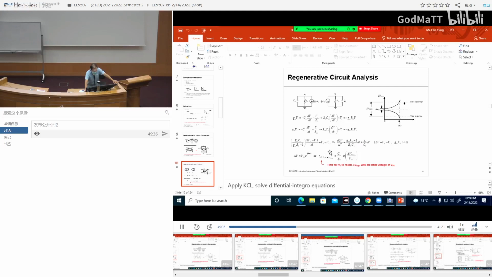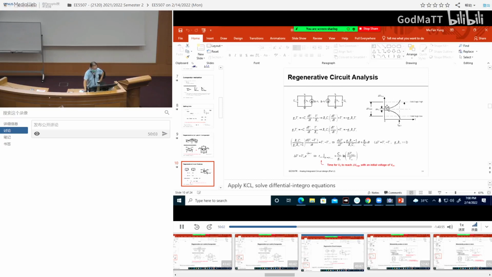And then basically you'll get a differential equation, okay? Then you can take the integral and you'll find that the output change is exponential, right? So you see from a time domain, time versus change in the two outputs, okay?